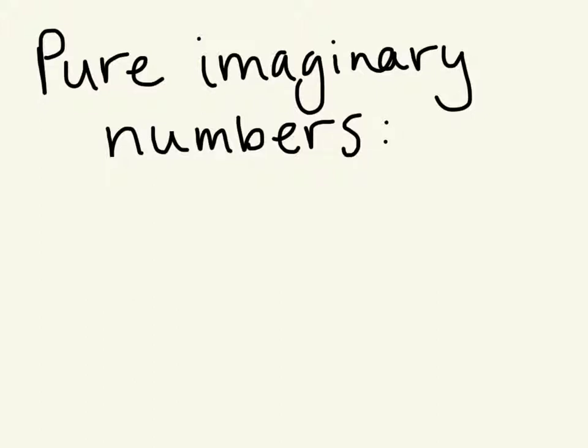Pure imaginary numbers are any type of a number that has a factor of I in it. So for example, I could have a number called 2I, where I is treated as a variable, but we know that its value is equivalent to the square root of -1. I could also have -2I.